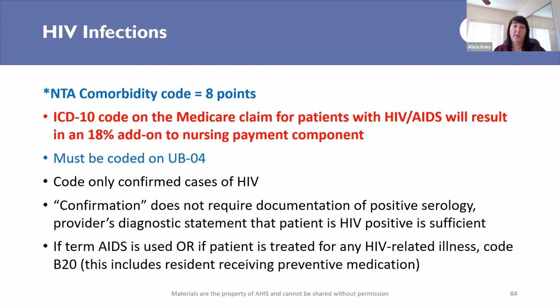And this would be coded on the UB-04. We want to only code confirmed cases of HIV. Doesn't mean we have to have the blood test. We just have to have physician documentation of that. And we would use code B20 for that.